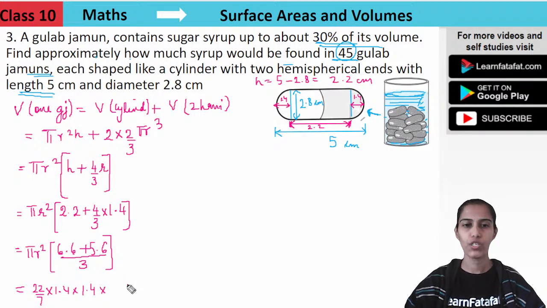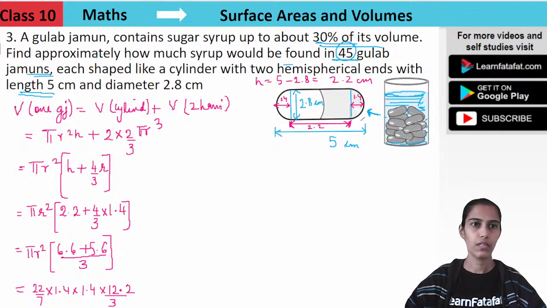This will give me how much? 6 plus 6 is 12 and 6 plus 6 again 12/3. ठीक है, I hope it's clear till here.